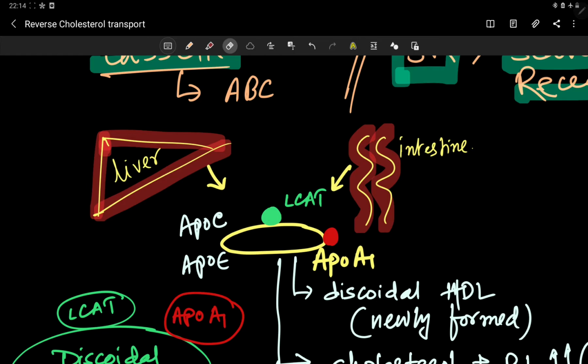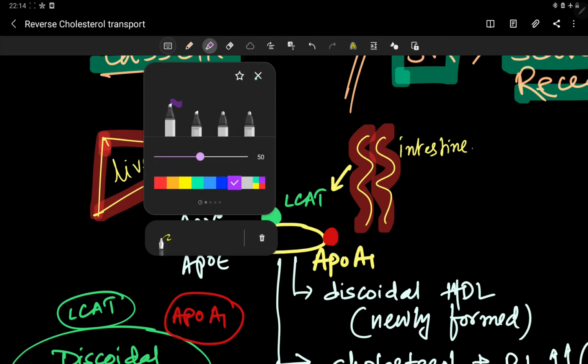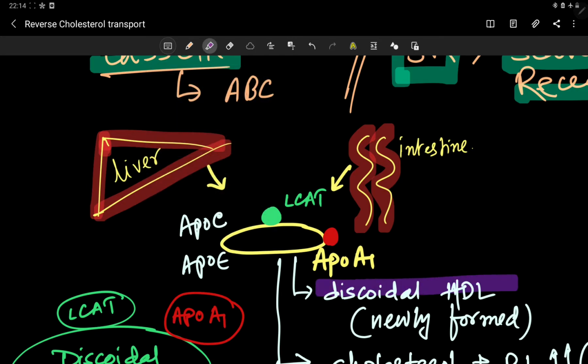And the newly formed HDL, which is coming from liver and intestine, is called your discoidal HDL. What I am telling is that the newly formed HDL is called your discoidal HDL.